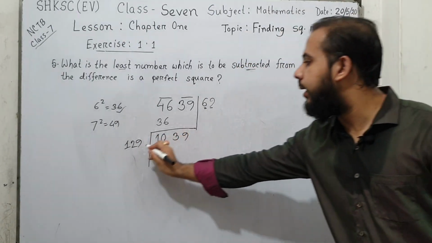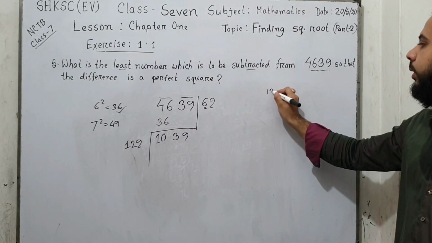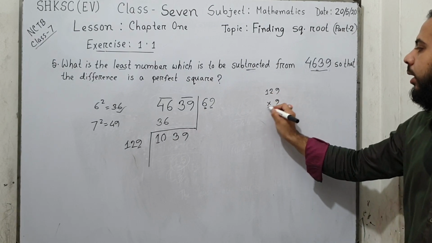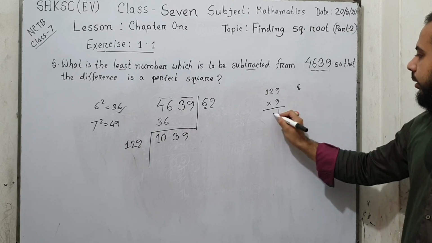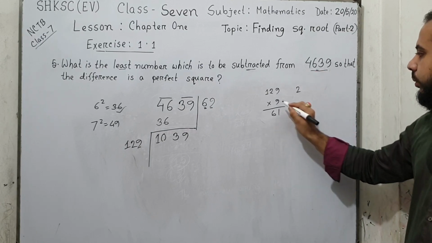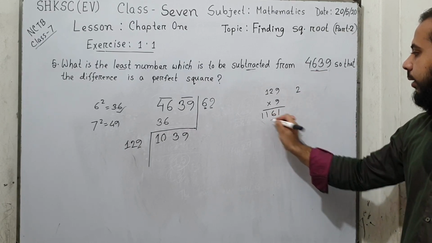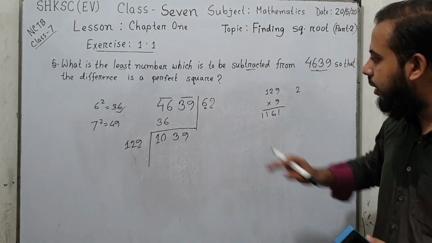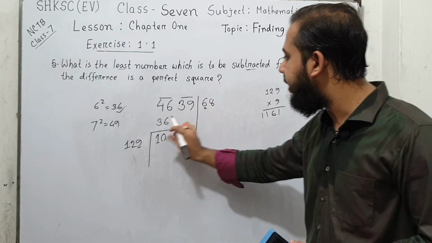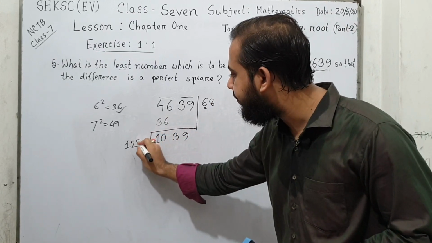If we put 9 here and 9 here, we have to multiply 129 by 9. We can get 9 times 9 is 81, and 2 times 9 is 18, plus 8 is 26, and 1 times 9 is 9 plus 2 is 11, which is bigger. Now we have to try another one, which is 8 here and also 8 here.